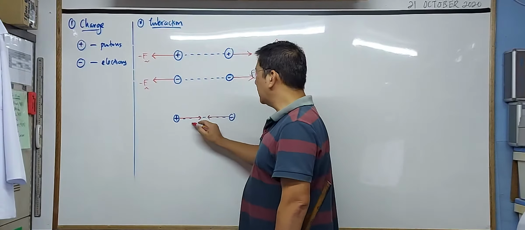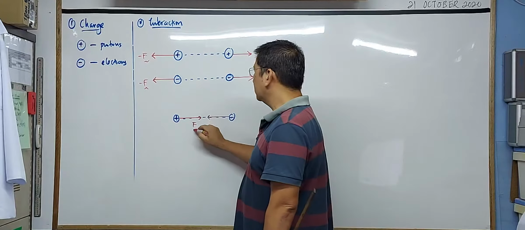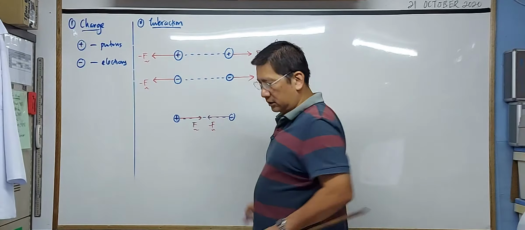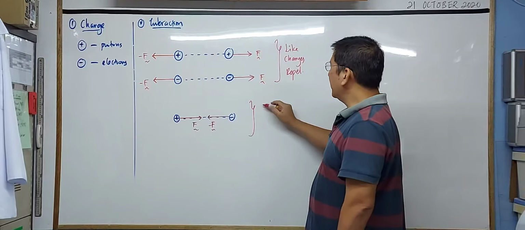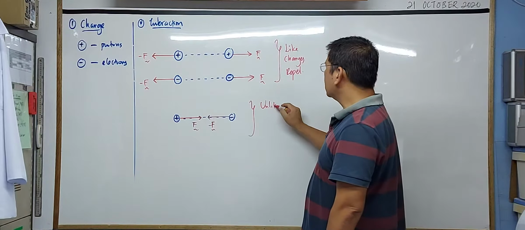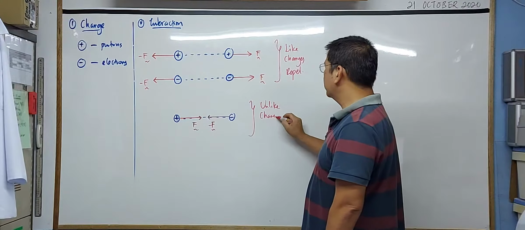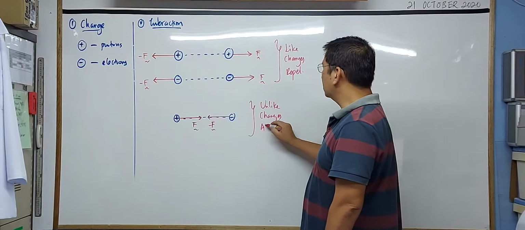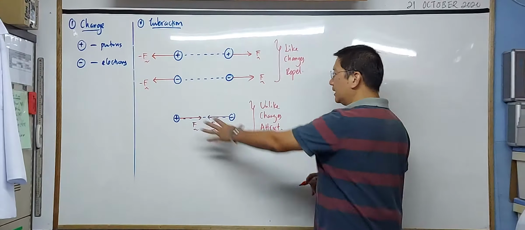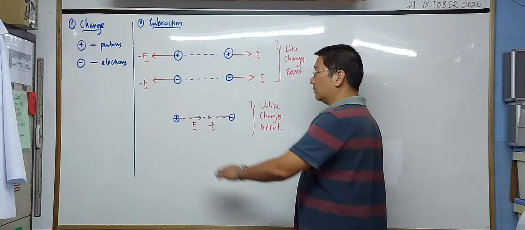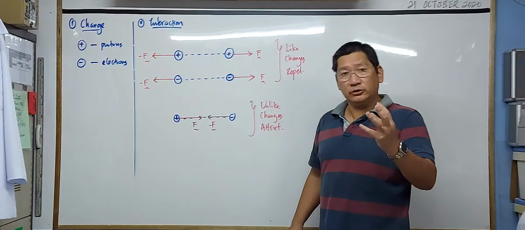So we will call this one F, and this one is negative F. So we end up like this. Unlike charges attract. Unlike means they are not the same. One is positive, one is negative, so they will be attracting each other.